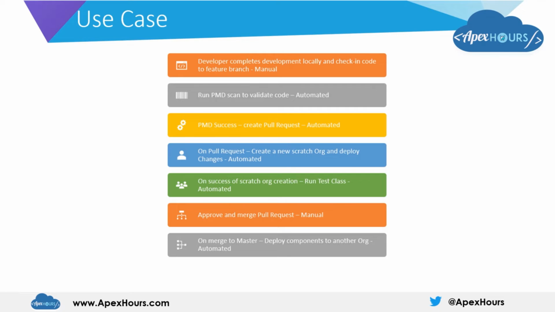So this is the next step. And once the scratch org creation is complete, you will be able to run your test classes there. This is again automated. Once the scratch org is created successfully and you have run your test classes, if it is a success, the next operation that we need to do is approve the pull request and merge it with the master.